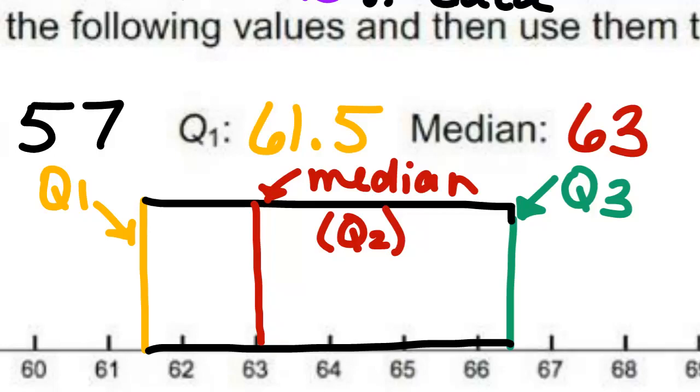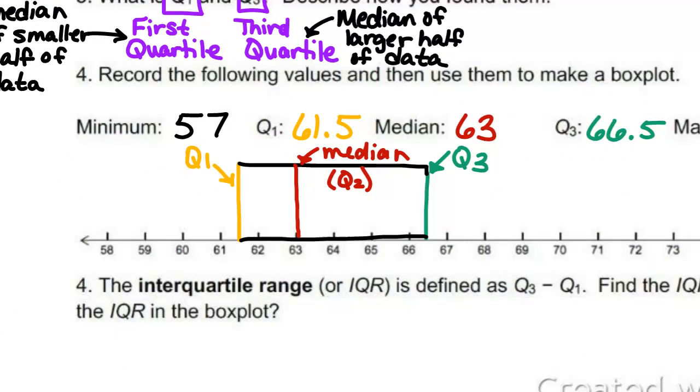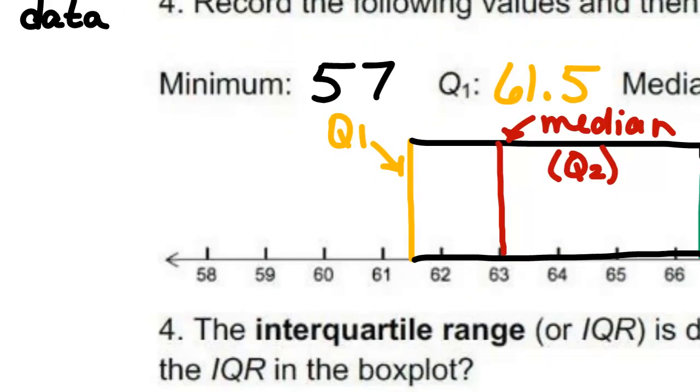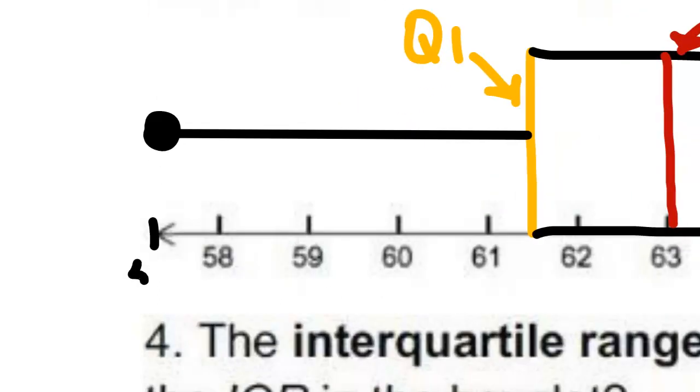And then I need my maximum and my minimum. So I should have a whisker coming off the left side of the box, connecting to the box and going down to my minimum value, which I'm going to put on the number line again here, 57.